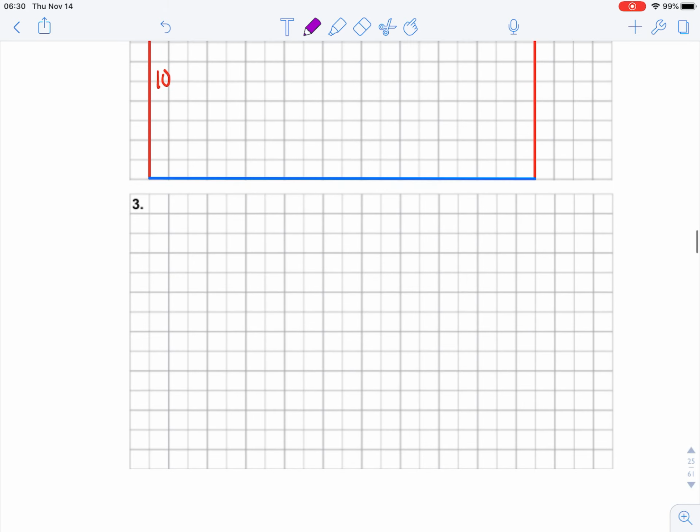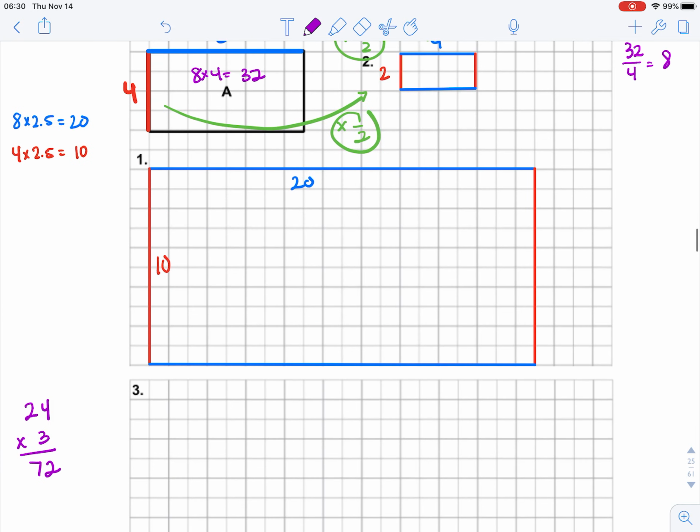So here's number 3. 24 times 3 equals 72. So I need something that's 72 units long. Now this times 3 here is going to represent my scale factor whenever I'm talking about a length.